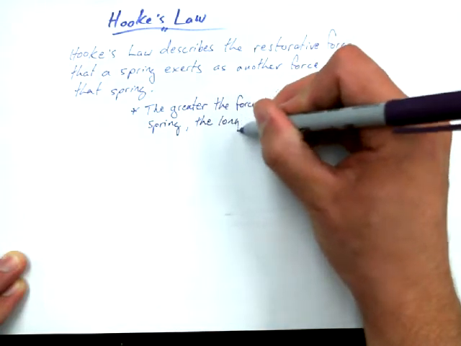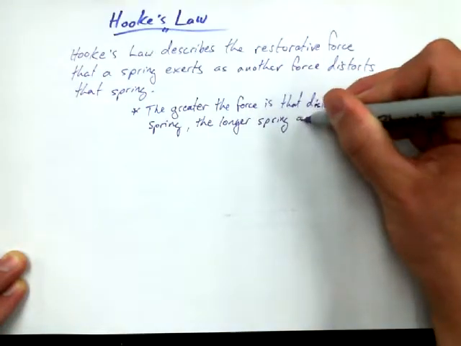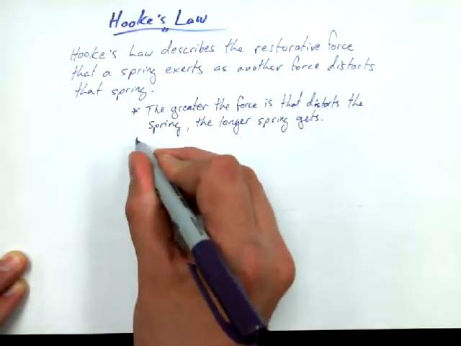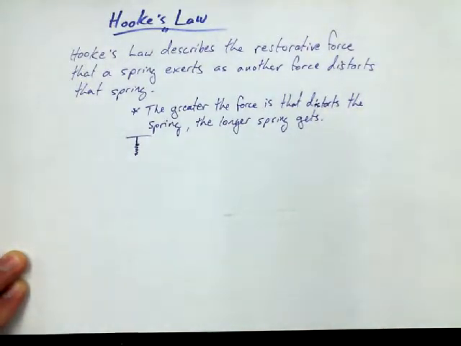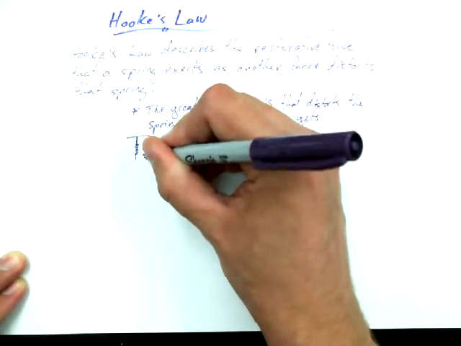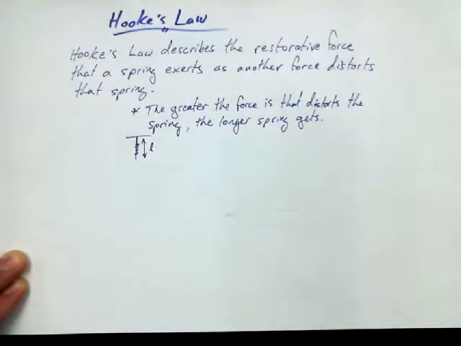Can you believe it? In other words, if I have a spring hanging from the ceiling like this, and I don't hang anything off of it, I could say that it has an unstretched length, L, length.